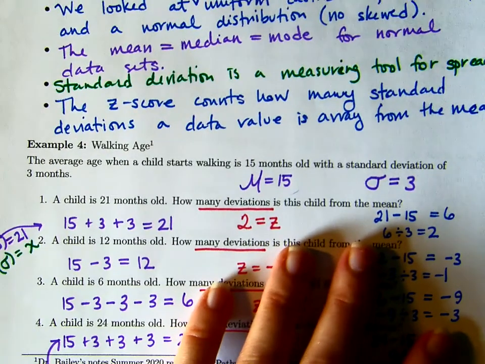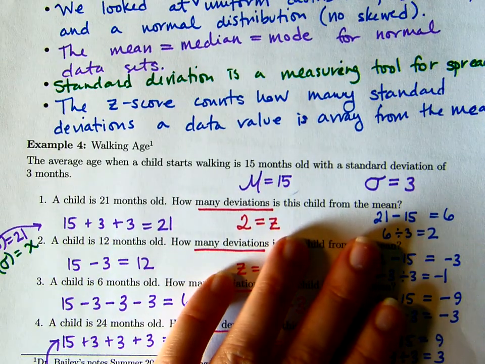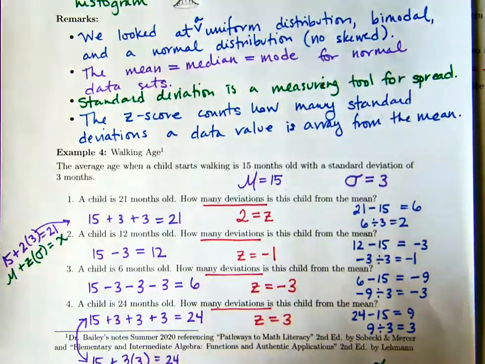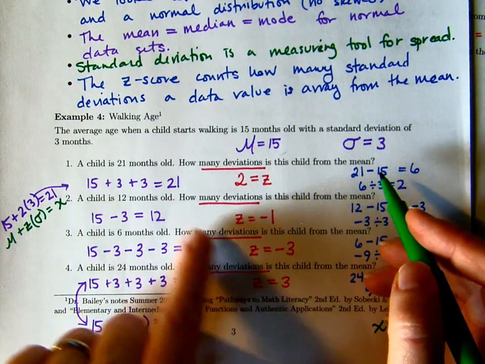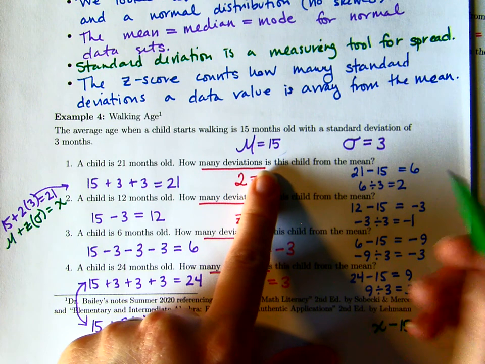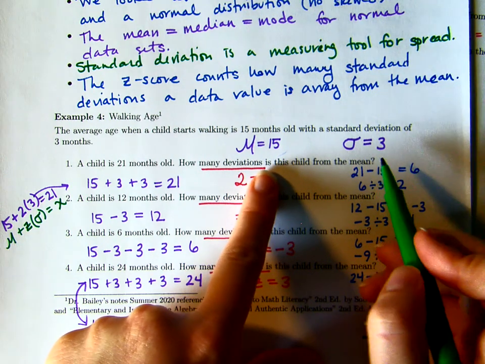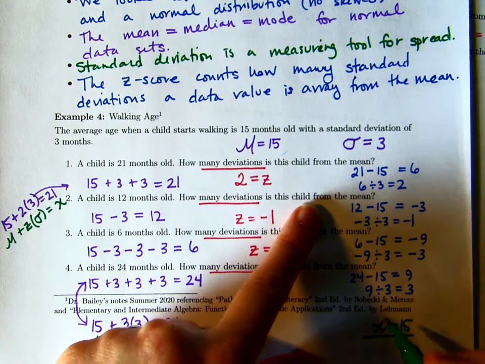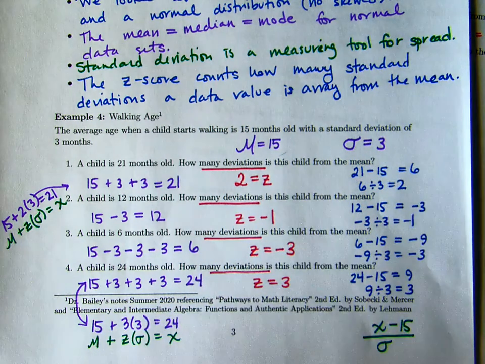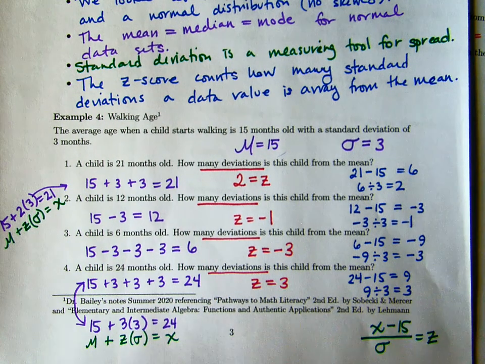Blue would be the child's age. So take the child's age, subtract the mean, then take that whole amount and divide it by the standard deviation, and that will spit out the number of standard deviations you are away from the mean.